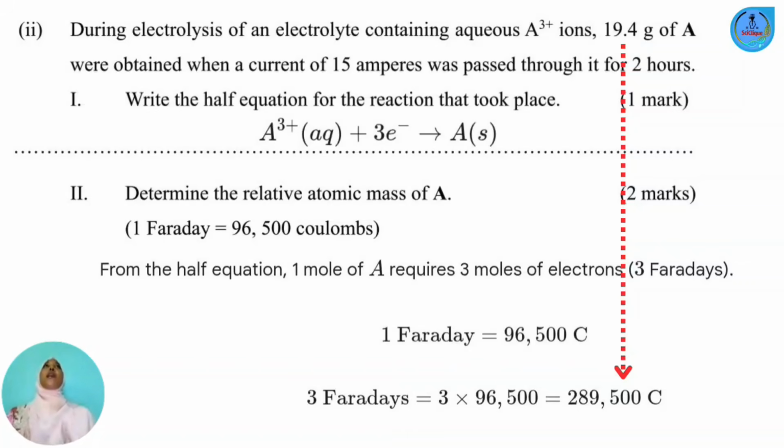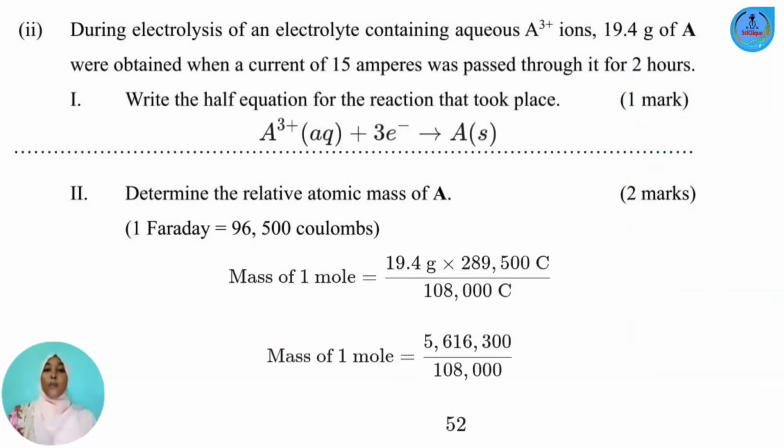So if we were to take 15 multiplied by the time in seconds, we will get 108,000 coulombs. So 19.4 grams was obtained when a charge of 108,000 coulombs was used.